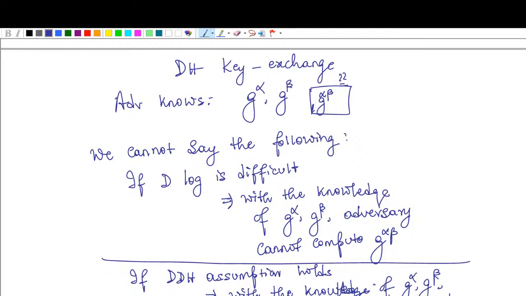And that's precisely my DDH assumption actually. So even though the D-log assumption is necessary for proving the security of Diffie-Hellman key exchange, it is not sufficient.